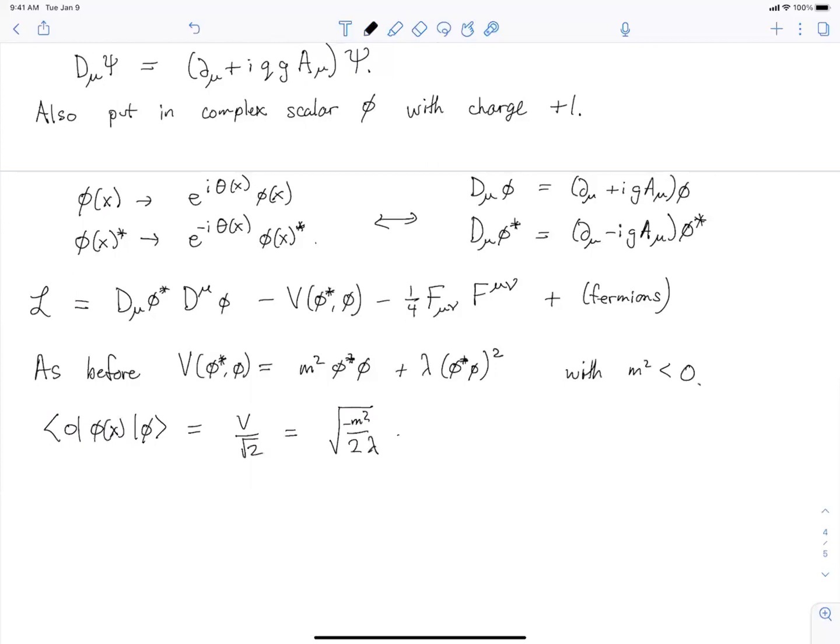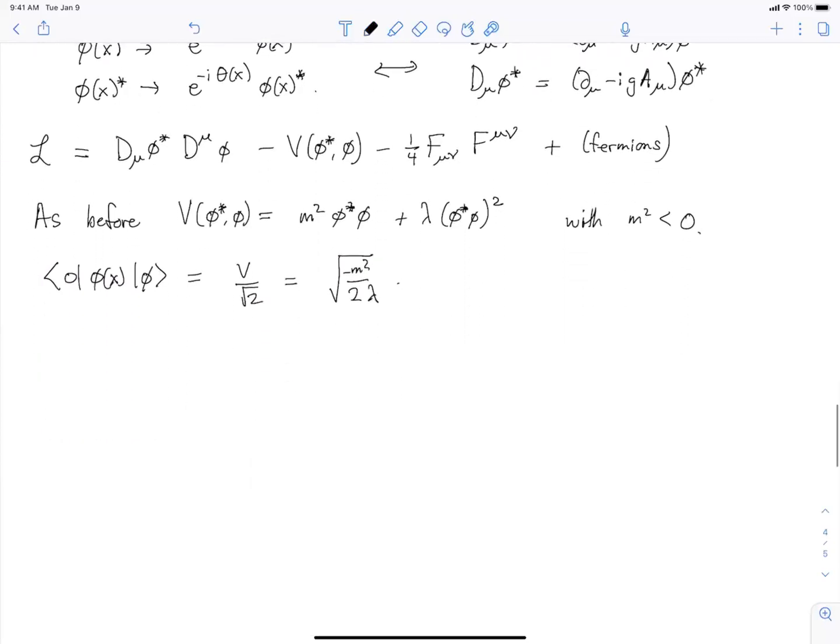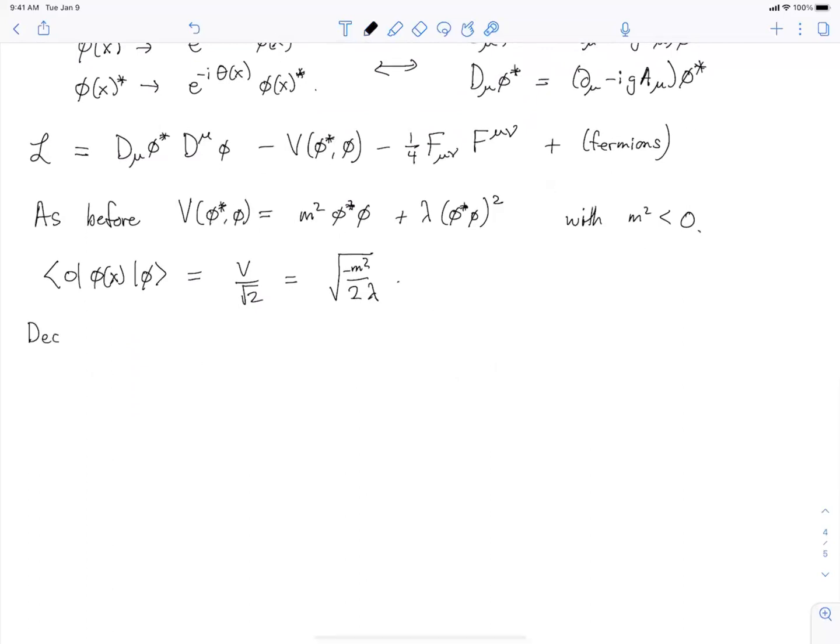Okay, so a lot of this is going to look like the same stuff. In particular, we're now going to follow our second method and decompose phi of x into real fields, h and g, as before.